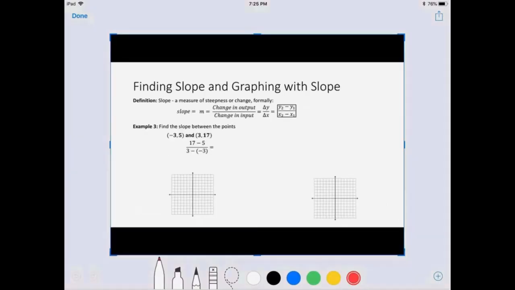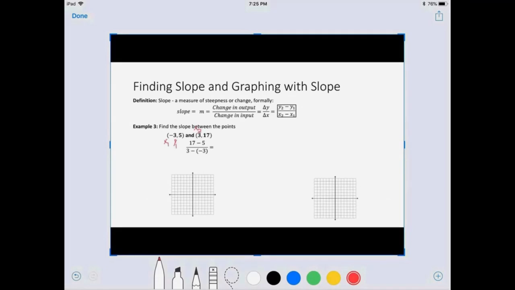But until you get to that point, I always find it helpful to label what we're looking at. So if I have my point (-3, 5), well, that -3 is my x1. This 5 is my y1. This 3 is my x2, and this 17 is my y2.